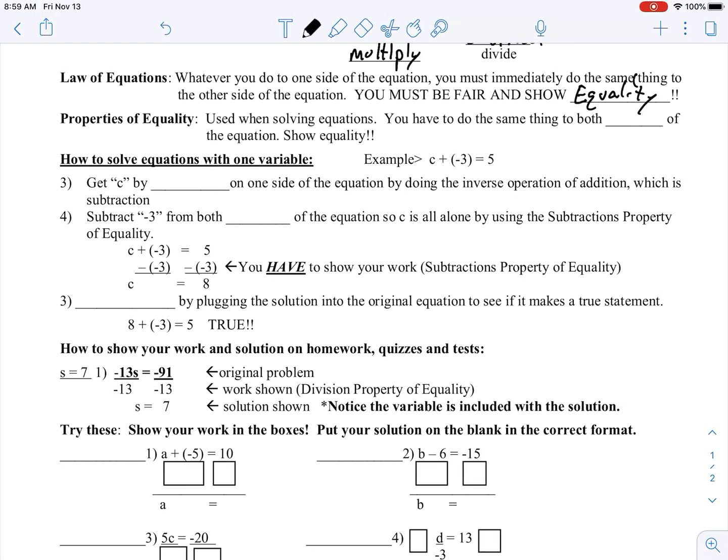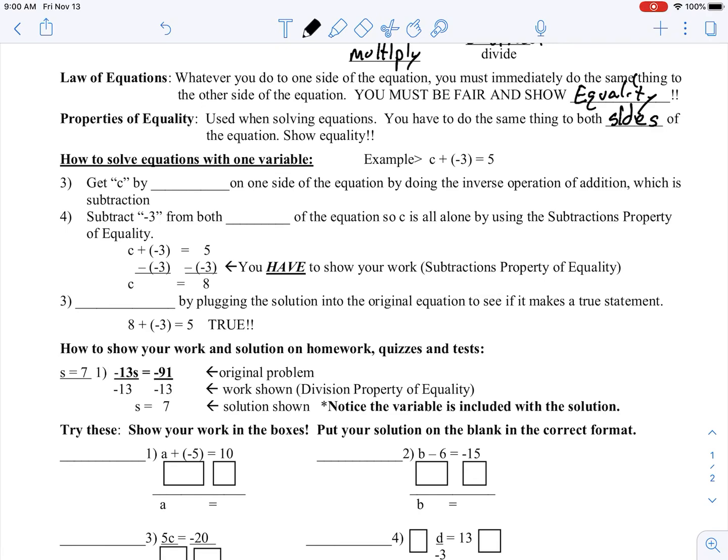So you got to show me that x equals something. Properties of equality are used when solving equations; we have to do the same on both sides of the equal sign in our equation. That is showing that equality there.